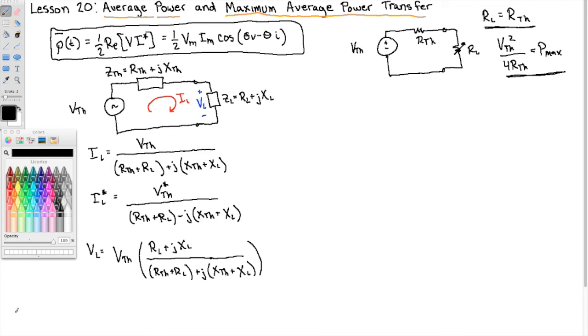Now then, the average power is 1/2 times the real part of this expression times this expression. So let me write that down. 1/2 times the real part of, now I'm going to call this equation 1, call this equation 2. I'm going to multiply equation 1 with equation 2.